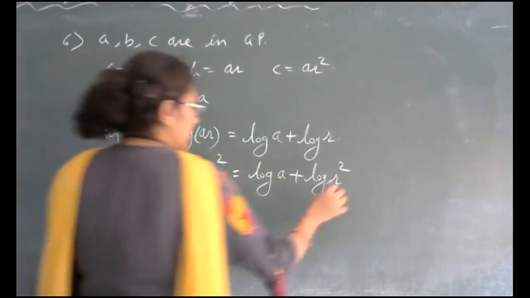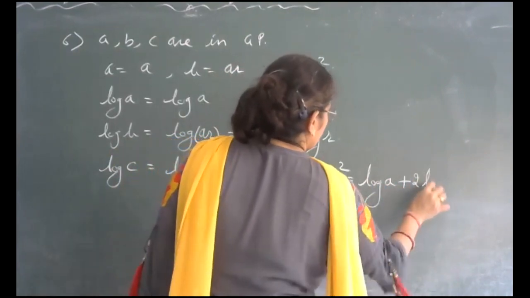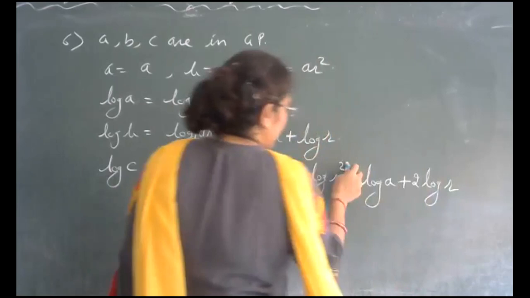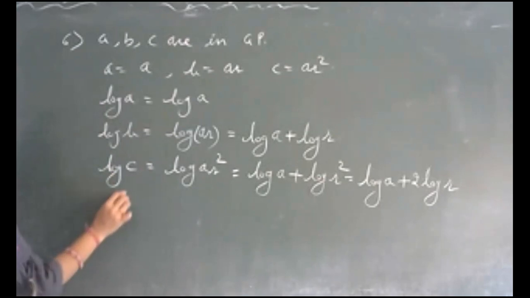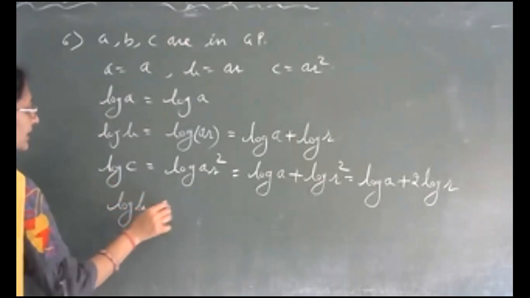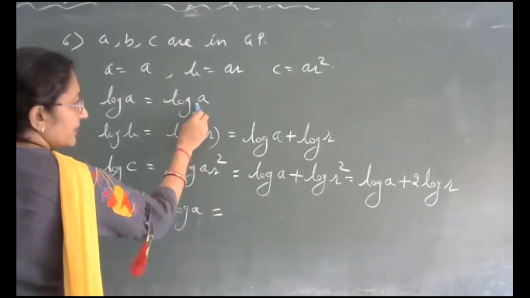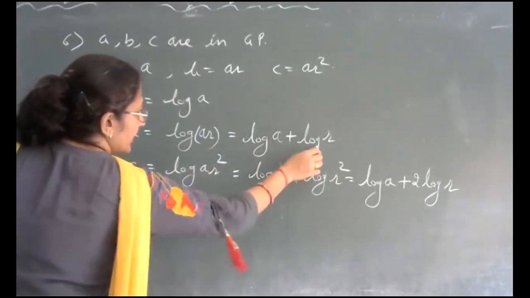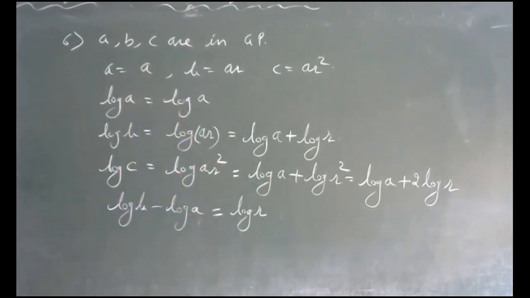Again there is a power, it can be written as log A plus 2 log R. The power comes in front. Clear? So now we have to find whether log A, log B, log C are in AP or not. So the difference of these two, log B minus log A, is equal to log R only, as log A cancels with log A.